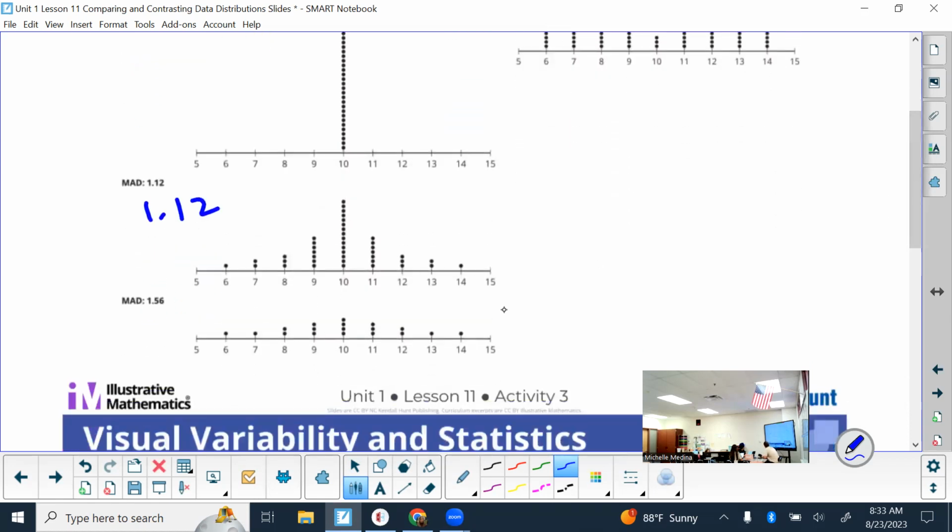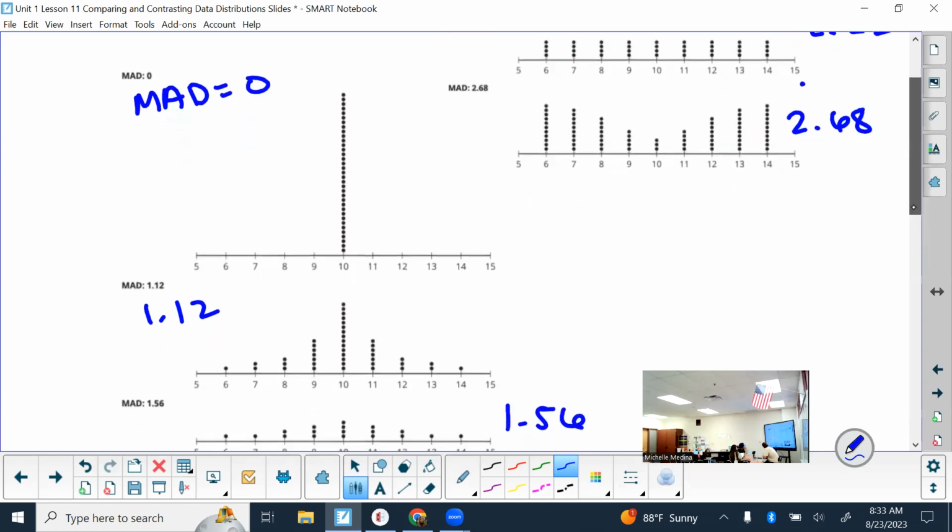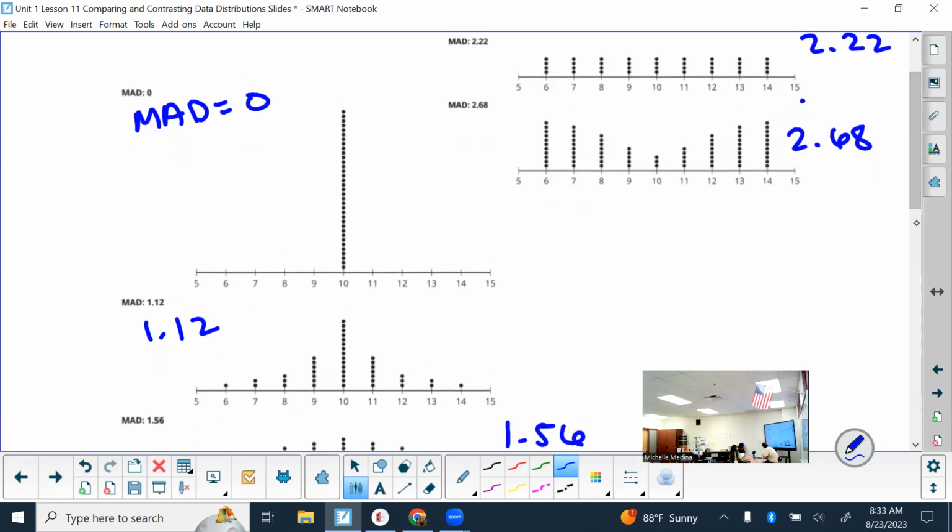This one over here is 1.56, and 2.22, and 2.68. So now that you have actual values and you're not just using their distributions, you can now say for sure which one is the most spread out on this picture. What MAD value is the most spread out?